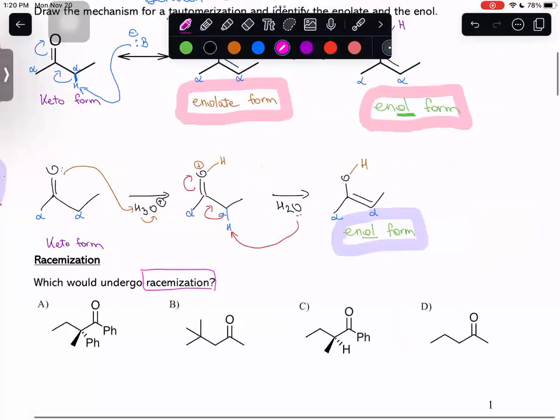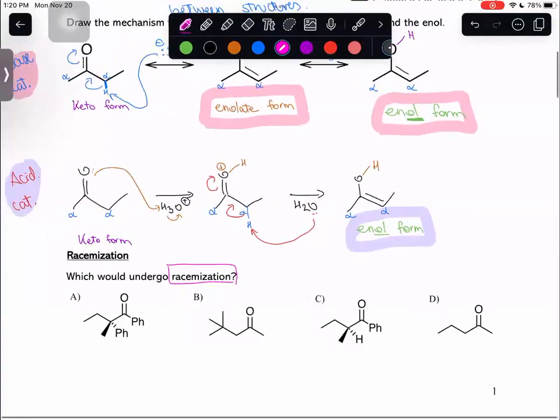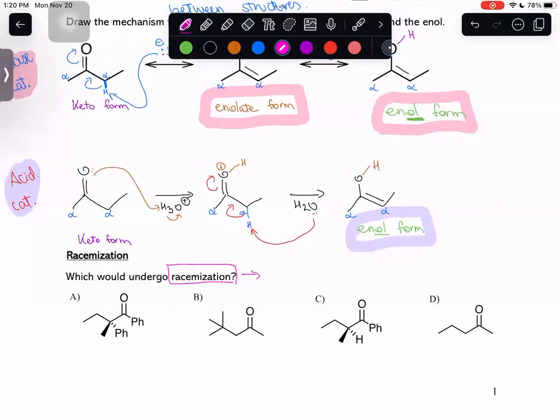In this case, remember, chapter 18 main focus is alpha hydrogens. So for racemization, of course, some sort of chiral center is going to be involved. So let's just write. Whenever they're asking you for which molecule can undergo racemization, you're looking for a chiral center present in your alpha carbon, and alpha carbon that has an alpha proton as well.